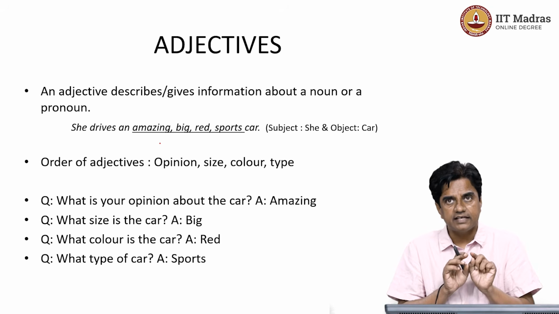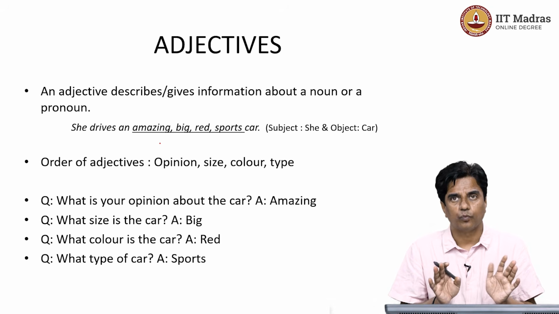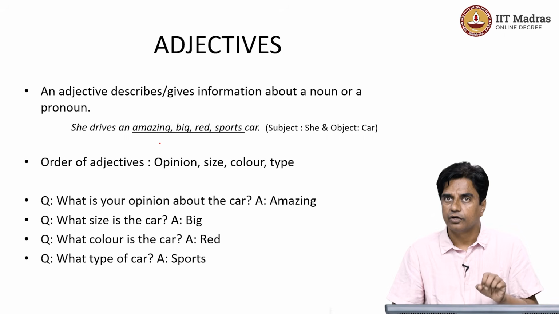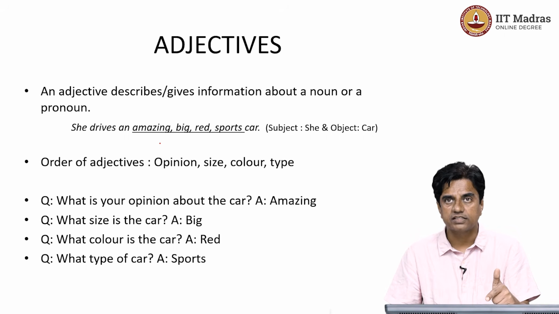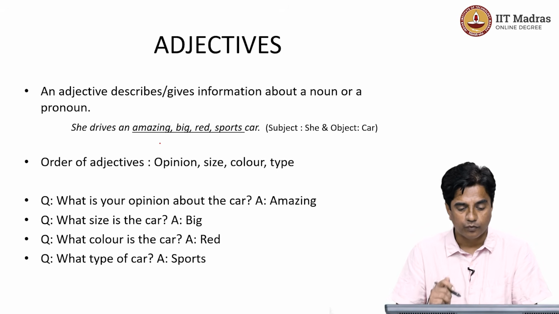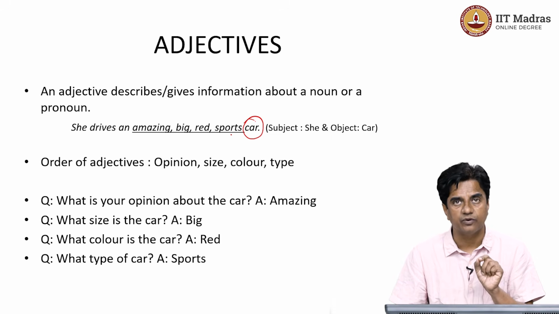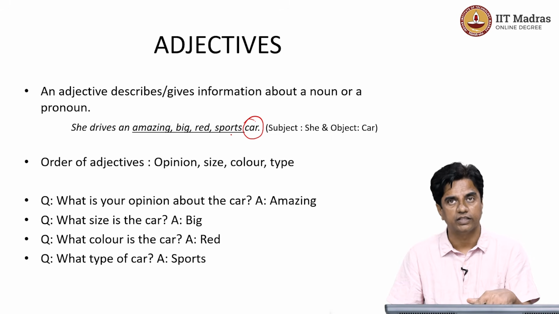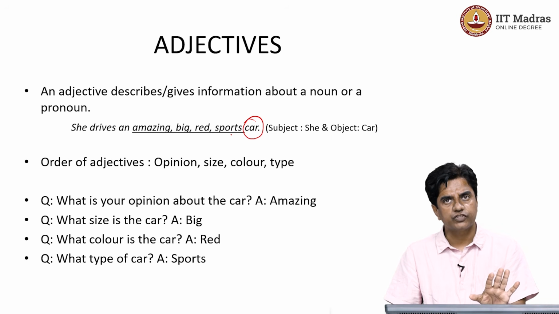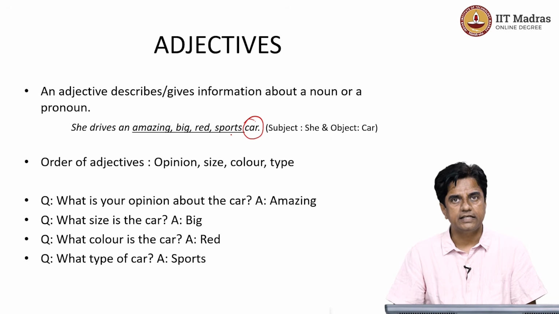So when we say she drives a car, we have no adjective. But all these words are adjectives which modify the noun car. This is the noun that is being modified with all these words. What else do you see here? We see that multiple adjectives are being used to modify one noun.